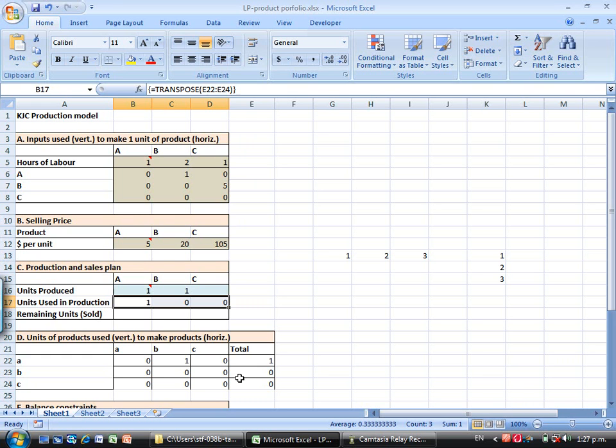Now, what we need to do here, the remaining units sold is obviously equal to the units produced minus the units used in production later.